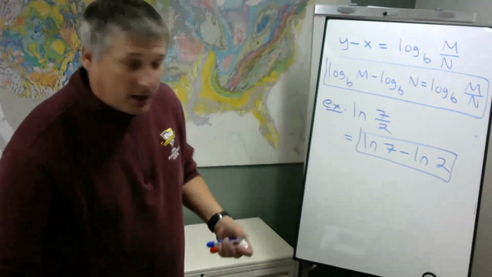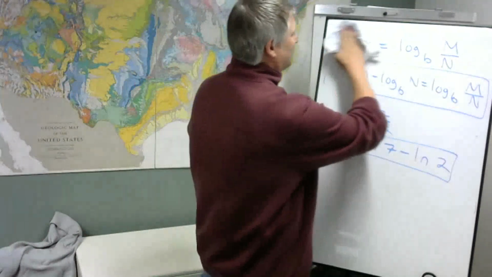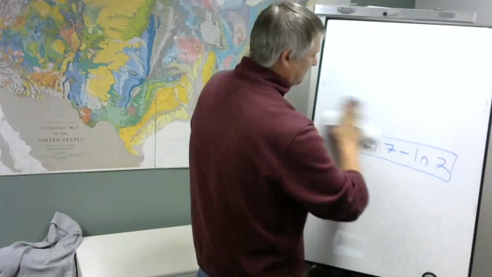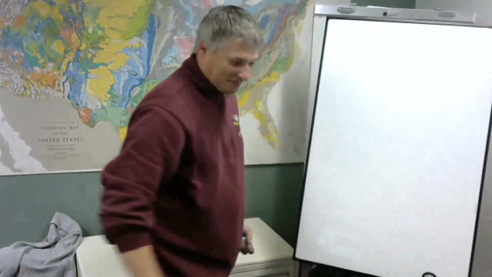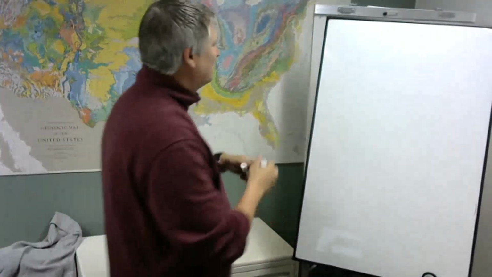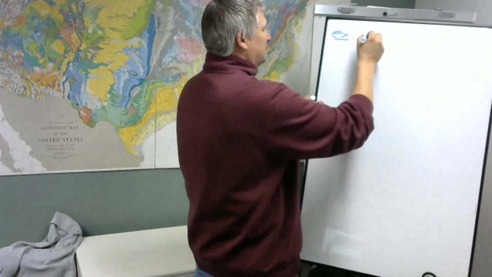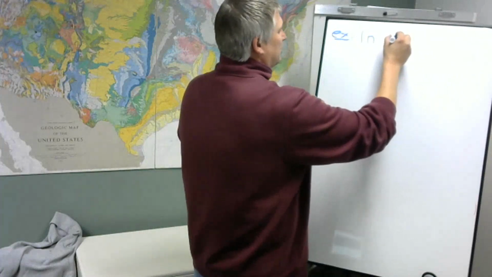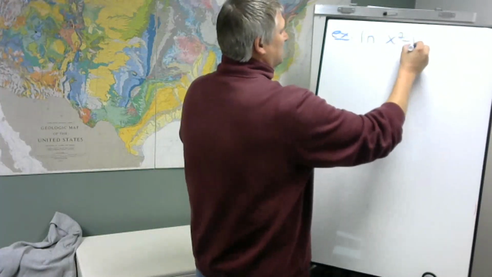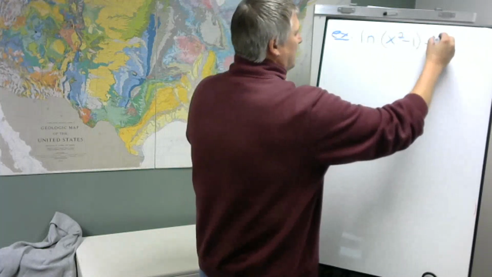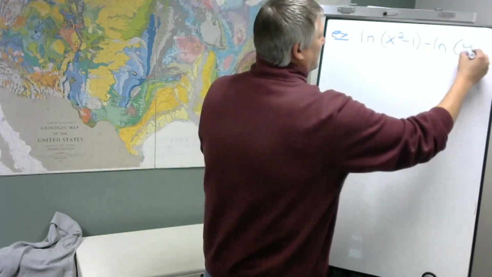Now we try something a little more complicated. Let's go backwards. Let's say we have the natural log of x squared minus 1 minus the natural log of yz.